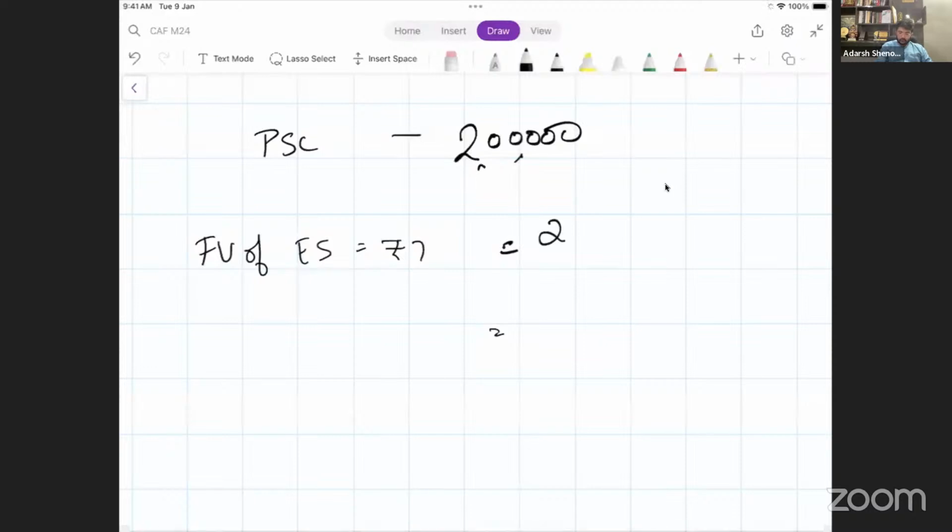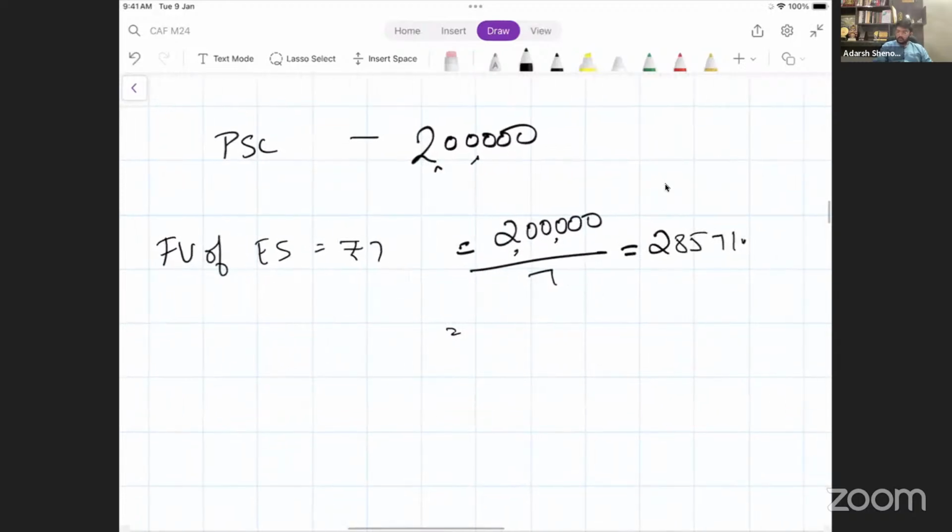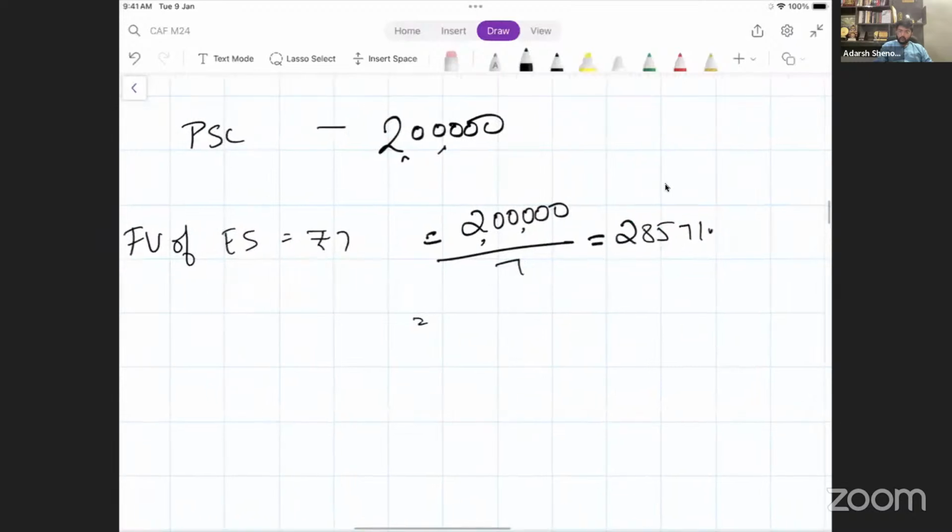So we will have to do 2 lakhs divided by 7 rupees. How many shares do you get? 28571.42. I can't issue 0.42 shares.